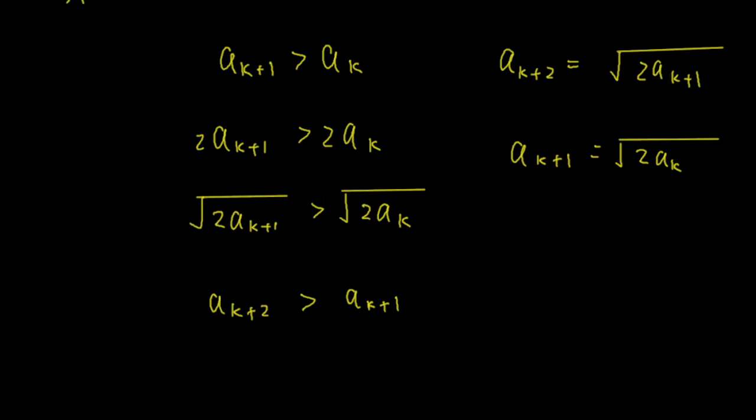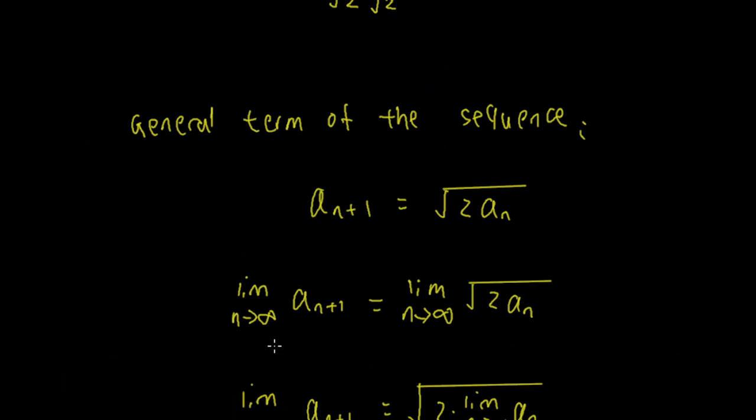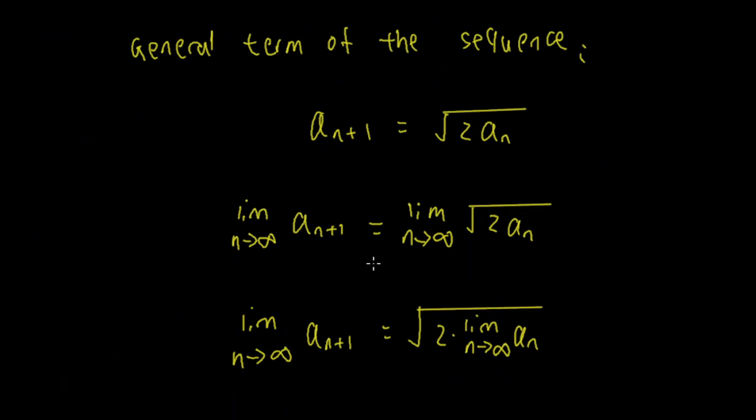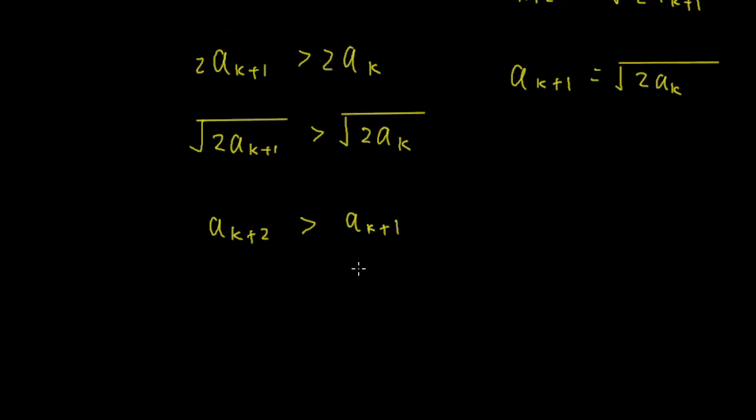Okay, now going back to the general term here, is a sub n plus 1, right? We use n here, right? So in this case, this is basically equal to a sub k plus 1 plus 1.